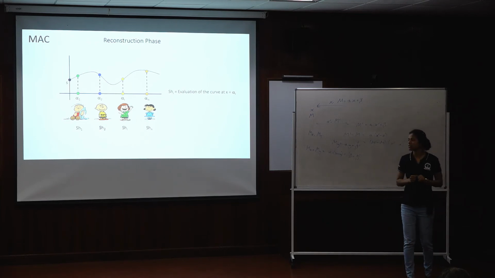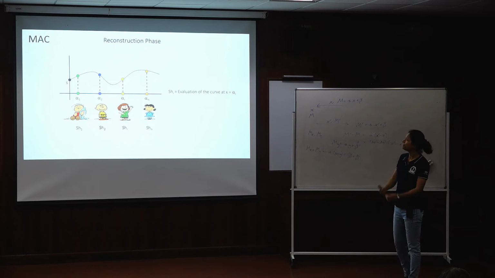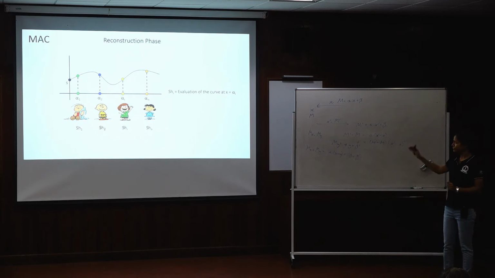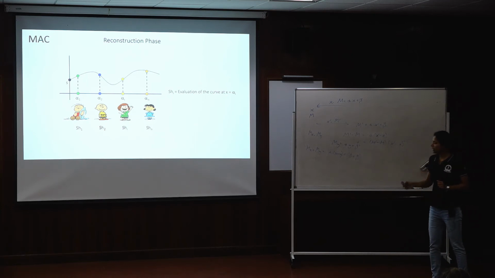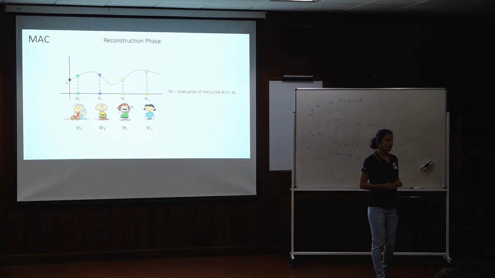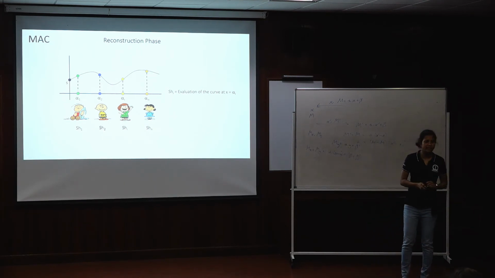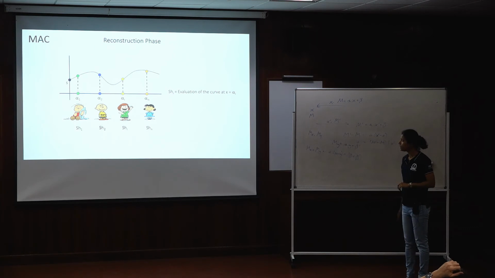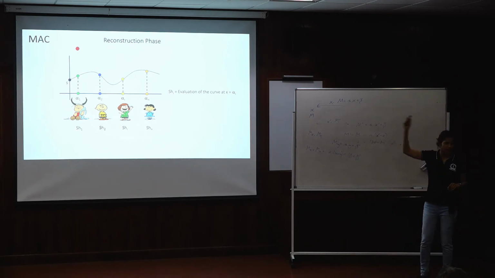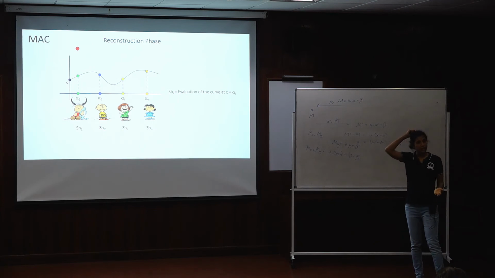The second one is the MAC, message authentication code. Let me tell you why I need it. Recall that we are tolerating a malicious adversary, not a passive or semi-honest adversary. Let's say the first party is maliciously corrupt.